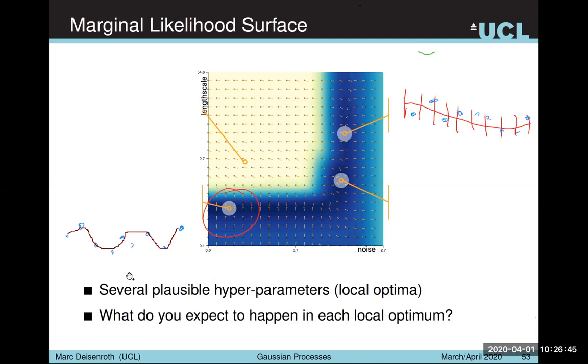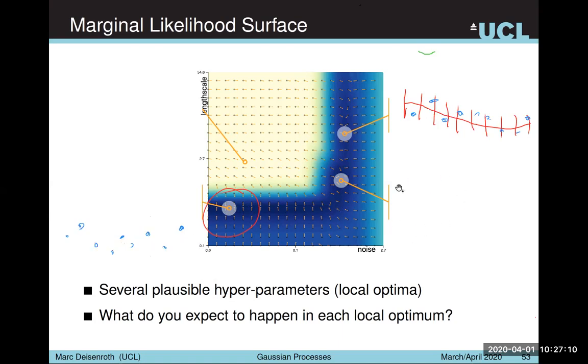So this here at the bottom is an explanation of this particular configuration of noise and length scale. Ignoring all the variances, this is kind of what the posterior mean could look like. And so what happens here at the bottom right?